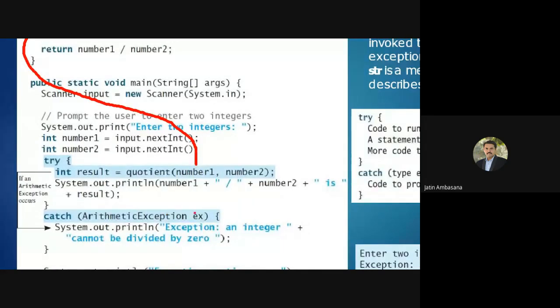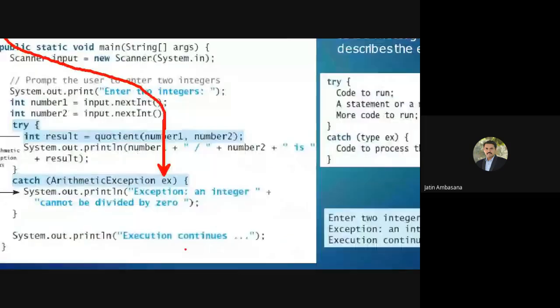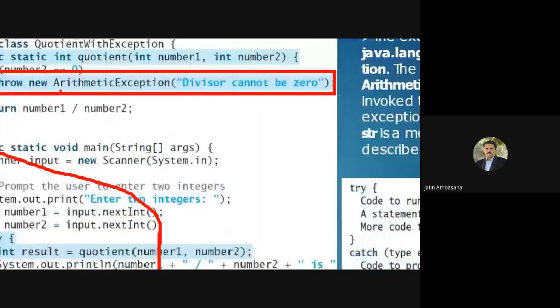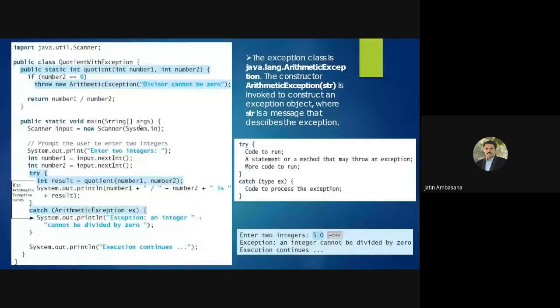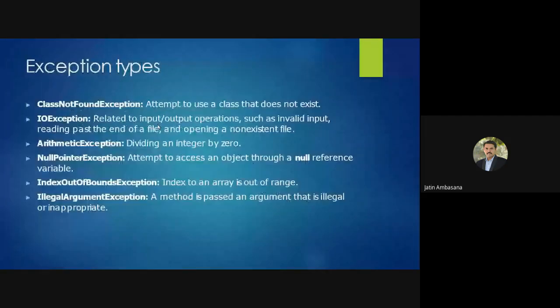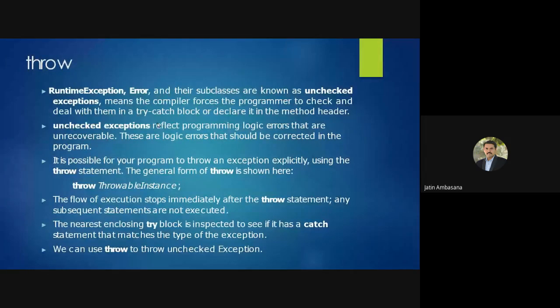It goes to the catch statement. Directly the exception gets caught, and the class type is the same as the object type, so there is no issue. Understand the meaning of throw?